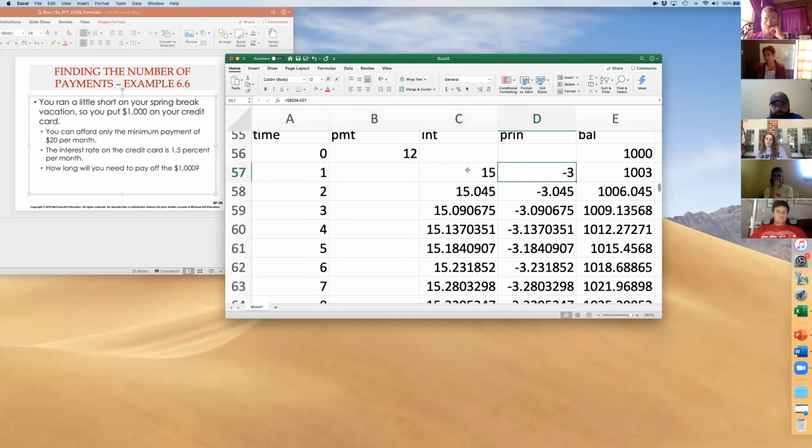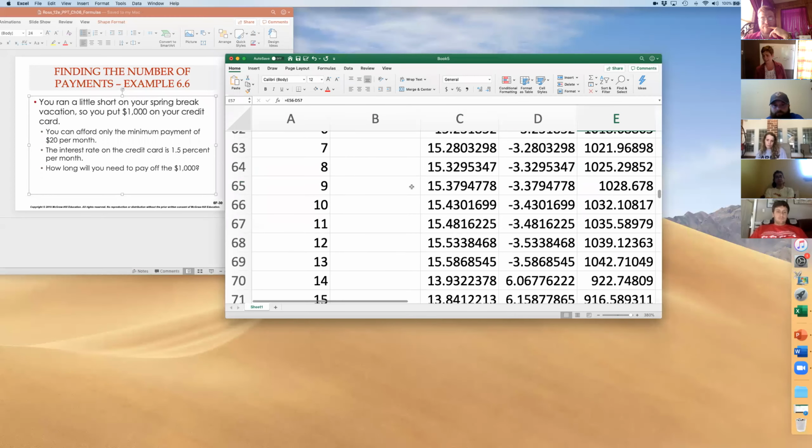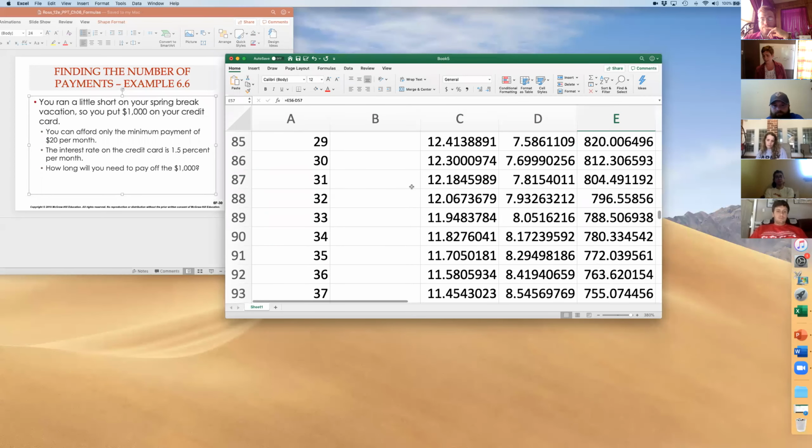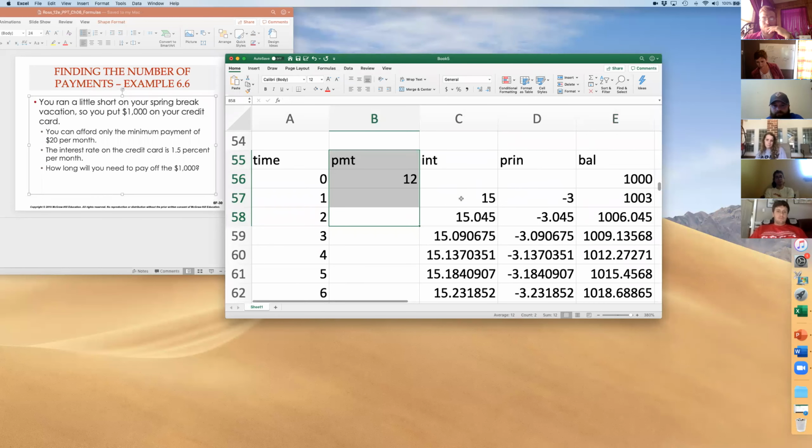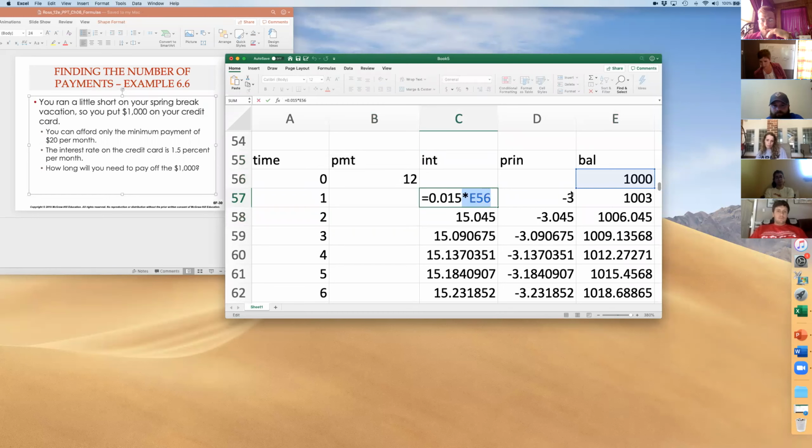That means you're borrowing another $3, and your balance is actually going to grow. And you can see here, if you do this, your balance will never go down. It's only going to rise.